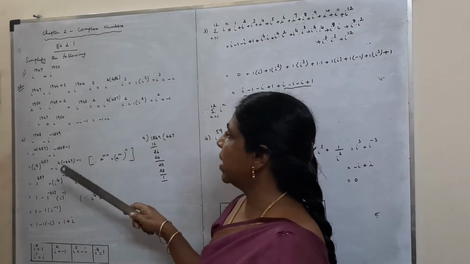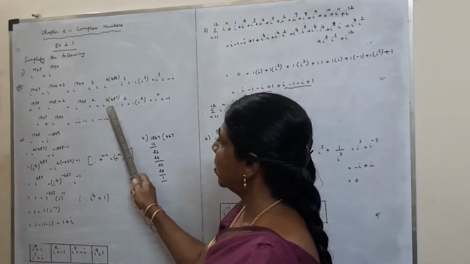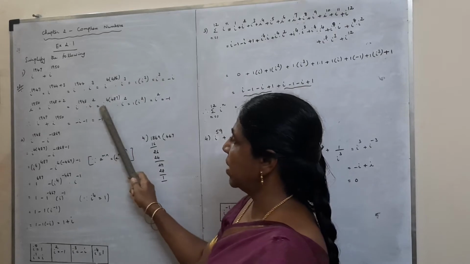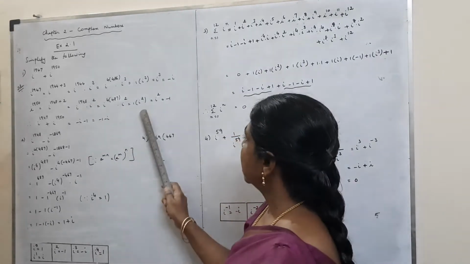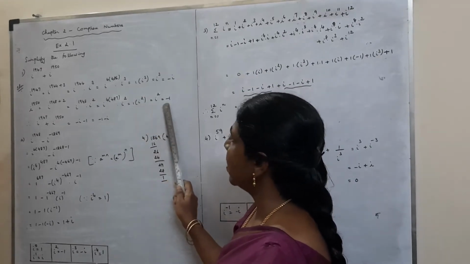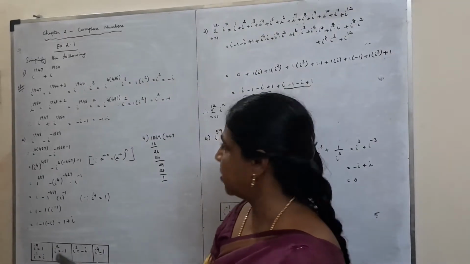And 1948 is 487 into 4, again a multiple of 4, so i^(4n) into i squared. i^(4n) will be 1, and 1 into i squared is i squared. You know i squared is minus 1.